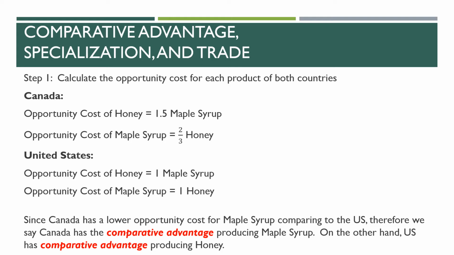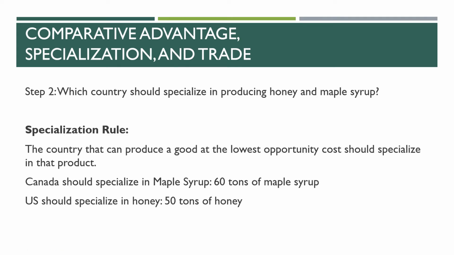Now we have found the comparative advantage of the two countries producing each of those goods. In the next step, we are going to take the definition of what we call the specialization rule in economics to decide which countries should produce which products.